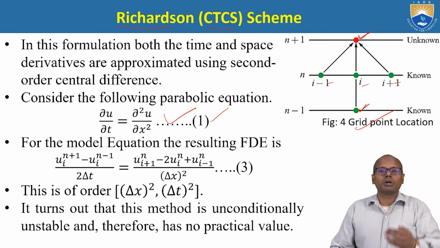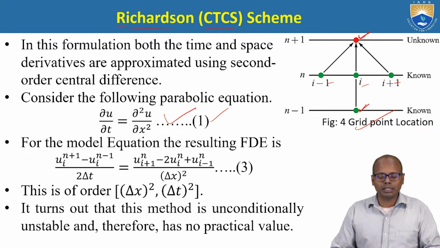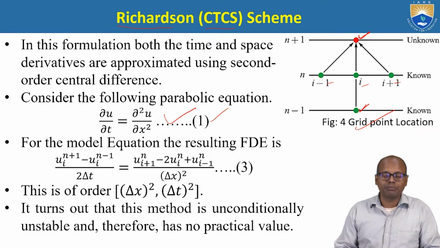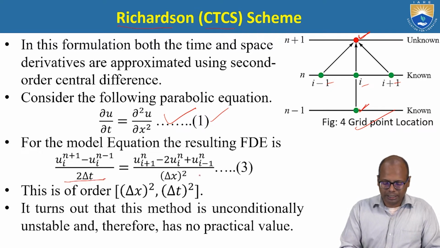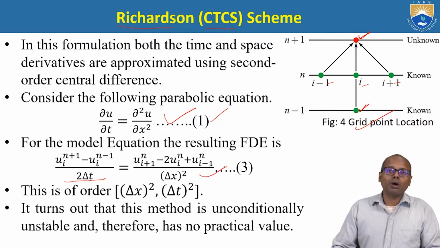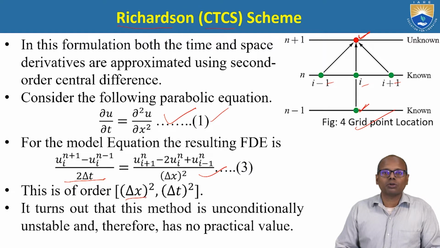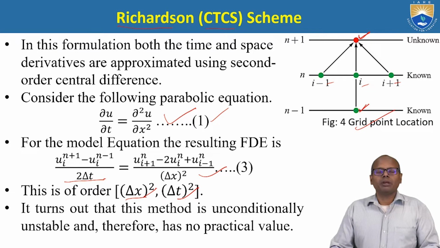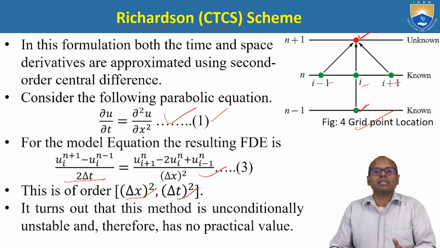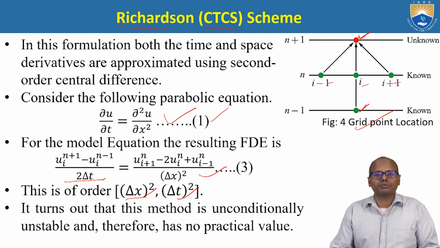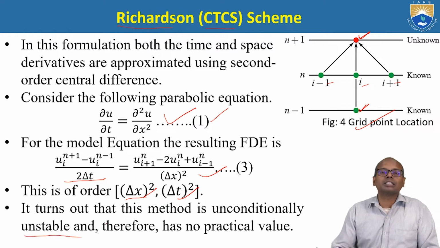The first equation that we used for FTCS, the same equation I am taking here and applying this CTCS, central in time and central in space. Now what is the order of accuracy of this? It is second order in space and second order in time. But unfortunately this method is unstable whatever condition you may impose on it.